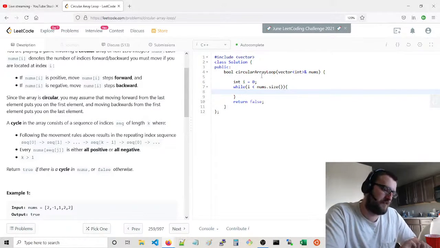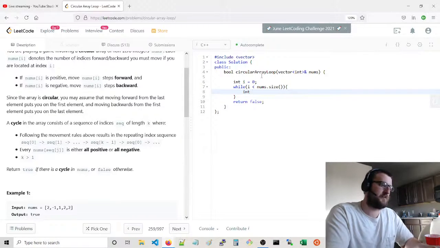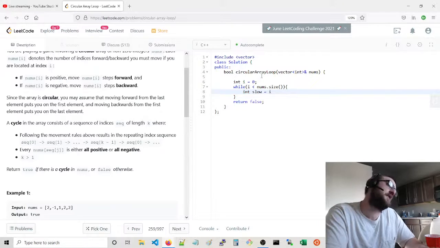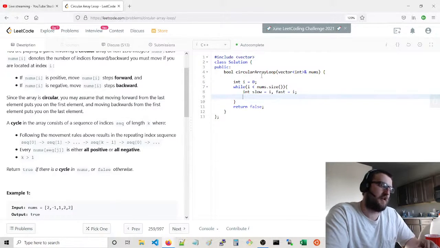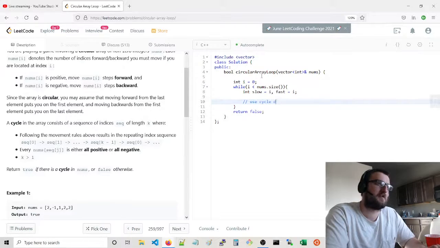And we're going to say int slow as i, fast as i, and we're going to use cycle detection to find the next cycle within the array.